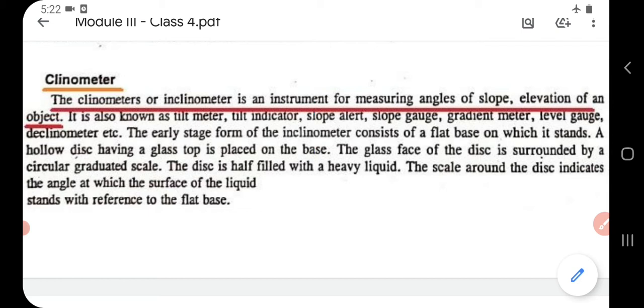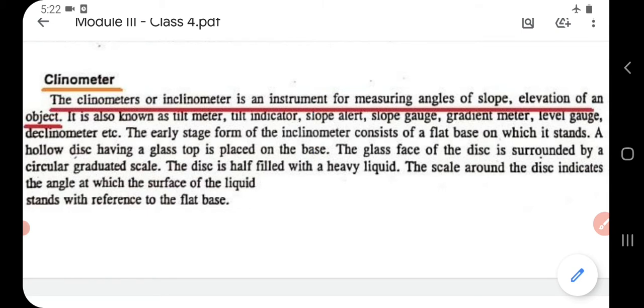Then the disc is half filled with a heavy liquid. The scale around the disc indicates the angle at which the surface of liquid stands with reference to the flat base. This is the early construction of clinometer and how it was used to measure small angles or angle of slope, elevation of an object, etc.